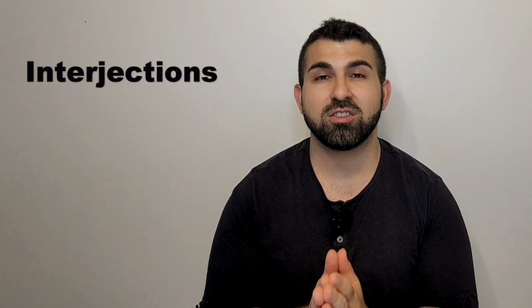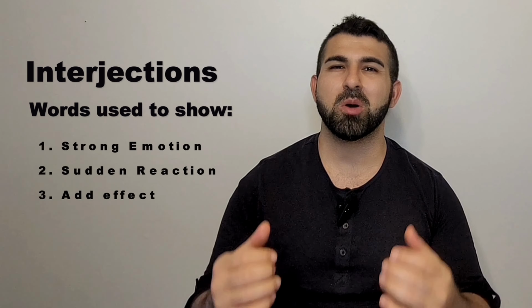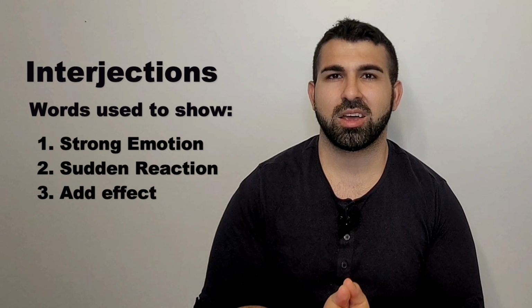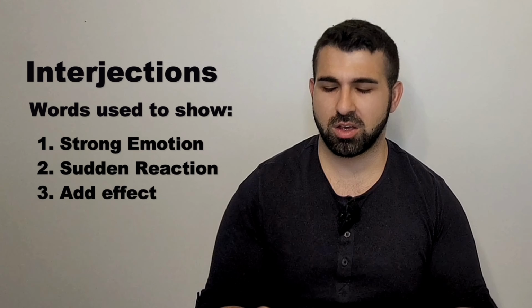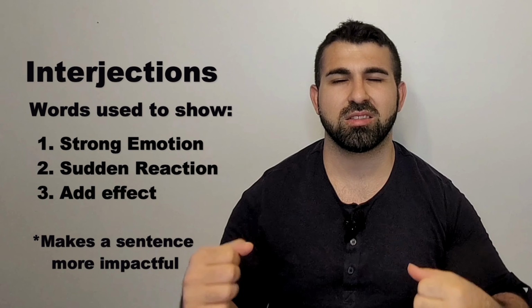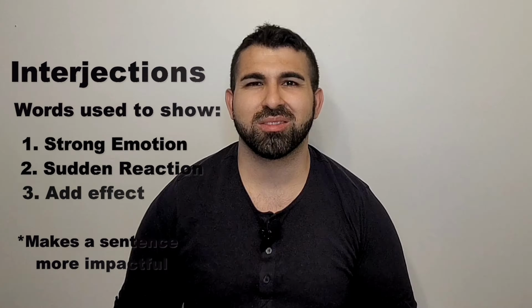Finally, we've made it to the last part of speech, which is the interjection. An interjection is a word or a phrase that is used to show strong emotion or a sudden reaction. It can be used to add a punch to our sentences, to make our sentences more impactful.